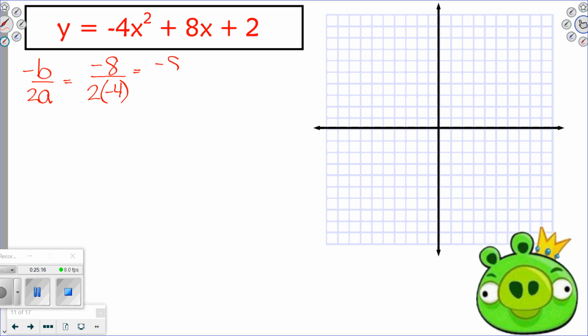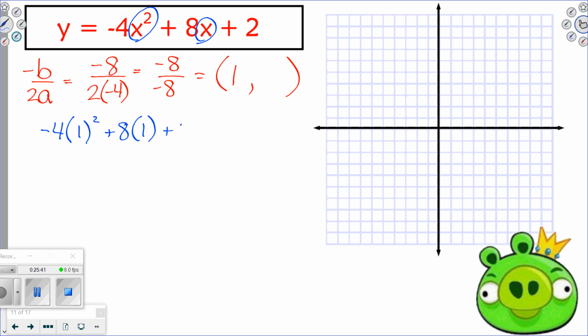So that makes negative 8 over negative 8, which is positive 1. So that is my x value. To find the y, we're going to take that and we're going to plug it in anywhere we see an x. So negative 4 times 1 squared plus 8 times 1 plus 2.